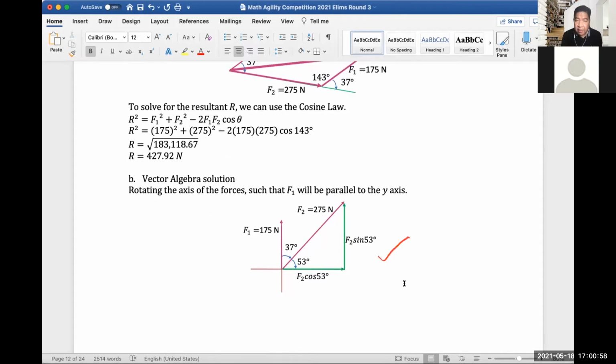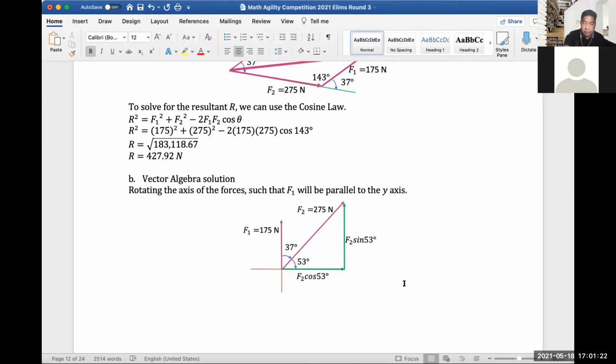So I resolved the components of F2. If you see the green line, F2 sine 53 and F2 cosine 53 here. I got the angle here because that's the complement of 37 degrees, right? And of course, F1 is on the y-axis here.